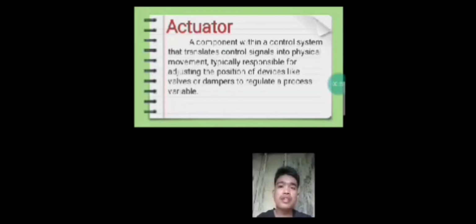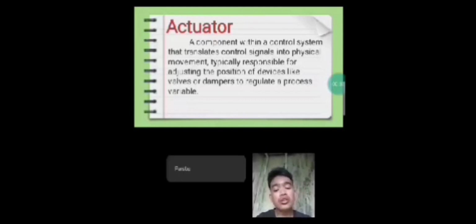An actuator also helps to achieve physical movement by converting energy, often electrical, air, or hydraulic, into mechanical force. For example, the actuator is like the door in a bus that automatically closes or opens.